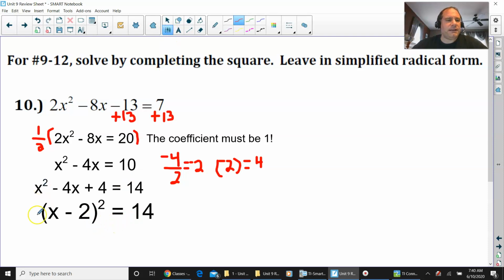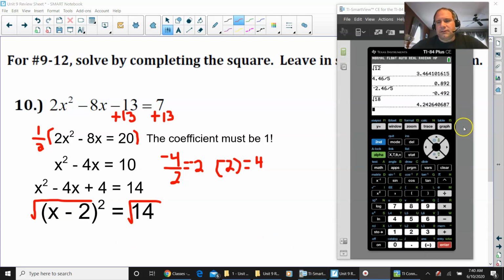Now we go ahead and square root both sides. The square root of 14, not a perfect square, is 3.74.